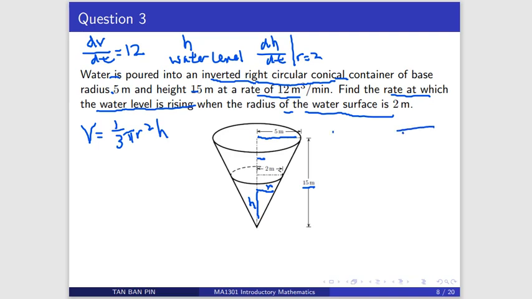For the big one, you look at the full conical container, so it will be 5 and 15. You are given the radius is 5, height is 15. And when the radius is r, this is the water level. So let's say water is until here, then this is h.